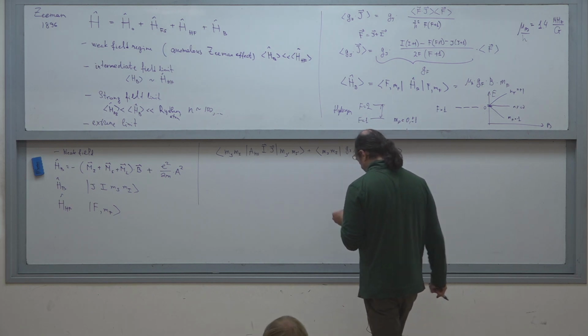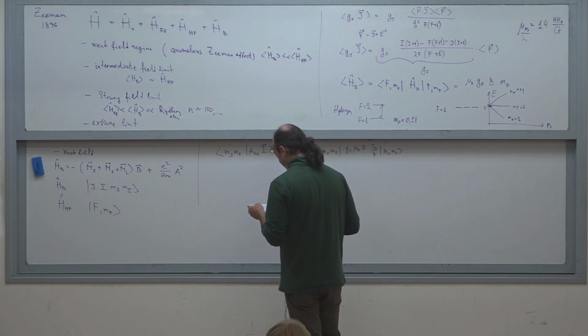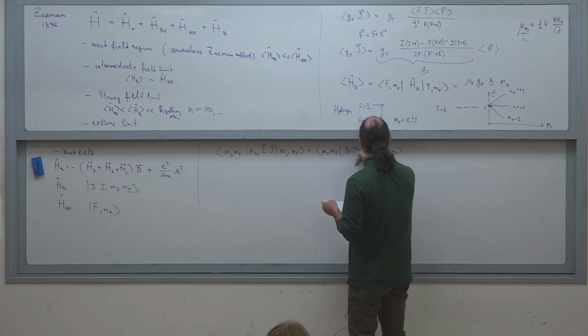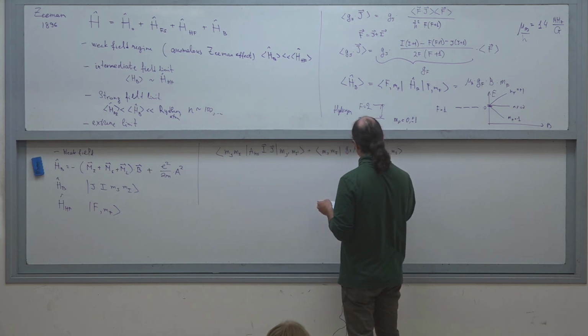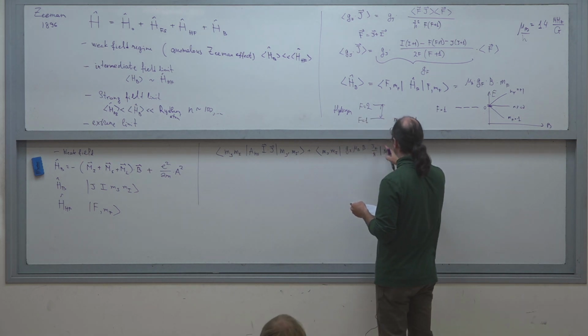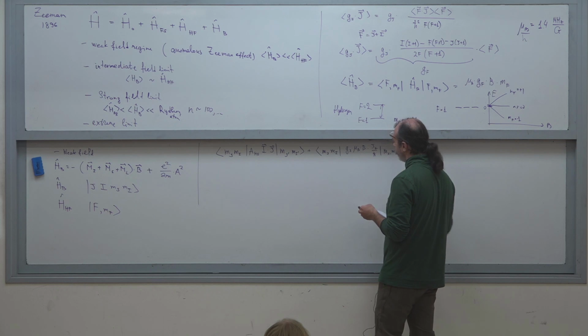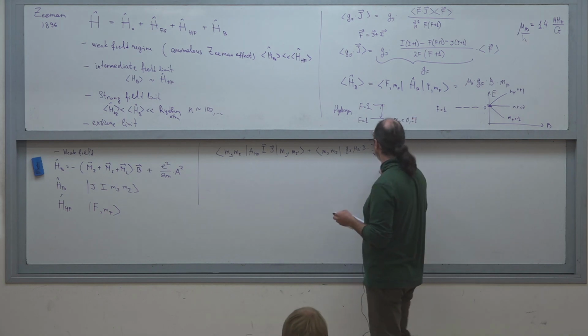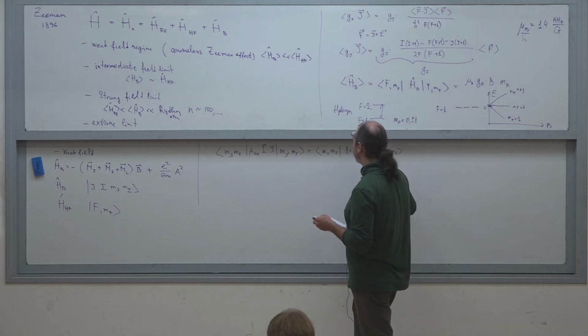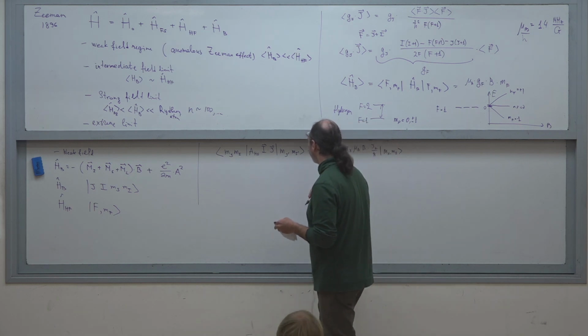This one we can directly see the eigenvalues, because J_z works on M_J and gives just ħ M_J, so that's straightforward.